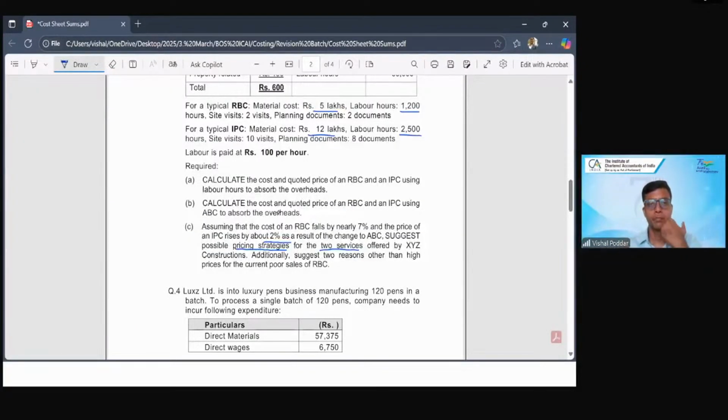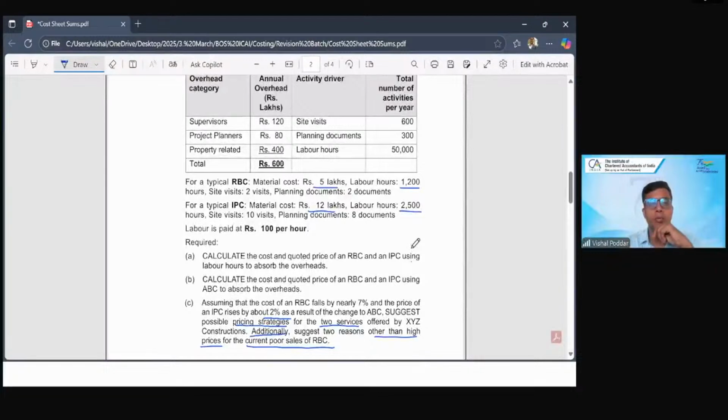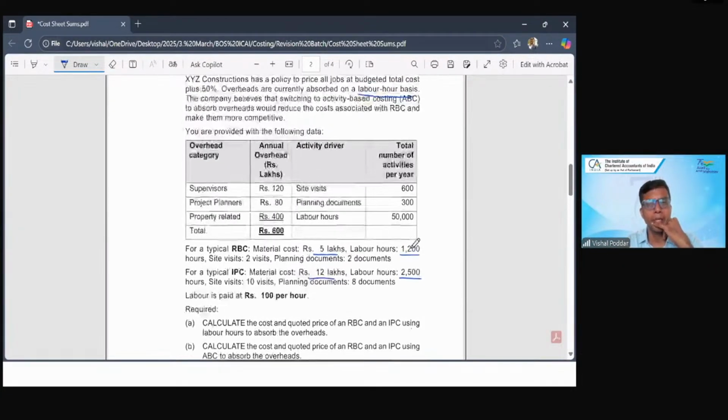Is this clear? Now further they are questioning, additionally, suggest two reasons other than the high prices for the current poor sales of RCB. Now they are asking, what could be the probable reason why RCB was not getting materialized? That is, you are not getting the RCB contracts besides the high price.